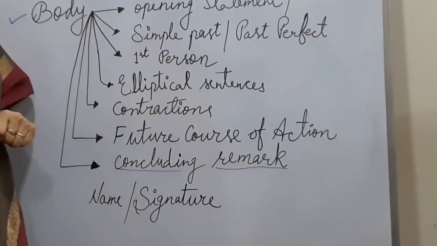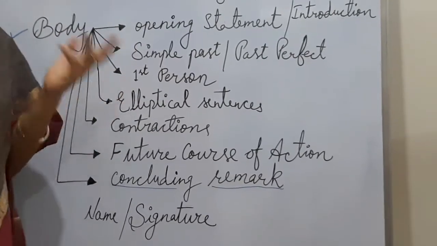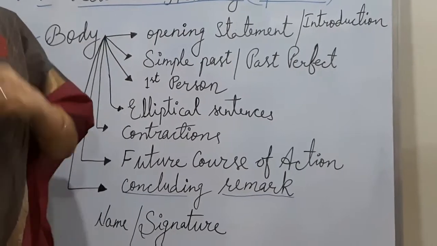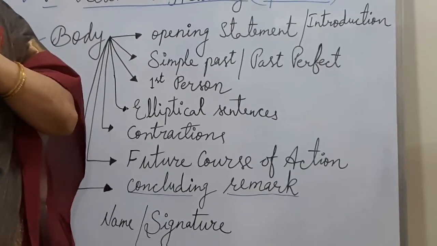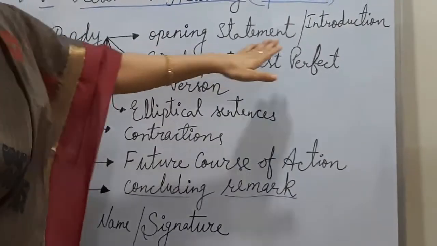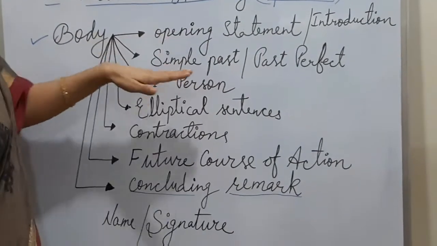And if something bad or unhappy happened to you, you can write, today is the day that I cannot forget because it has brought some grief and unhappiness to me. So this way you can start. This is called the introductory statement.